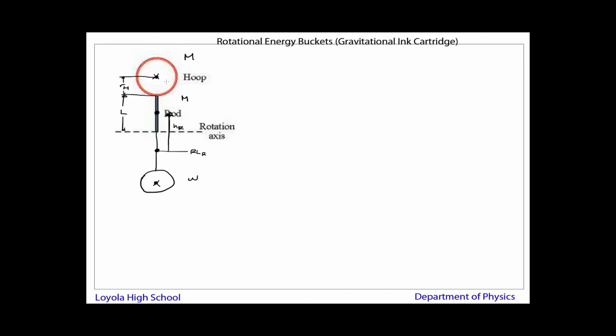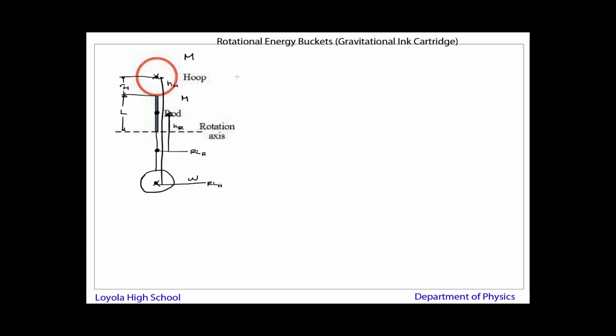And then I would say that the hoop's center of mass is going to fall from here to here. So there's a separate reference line to the hoop. It's going to fall from here all the way down there. So that's the one mental shift you have to make, that there's two reference lines, one for each thing. That's the height of the hoop, H hoop, if you want to call it that. Height of the rod, height of the hoop, again using their centers of mass.